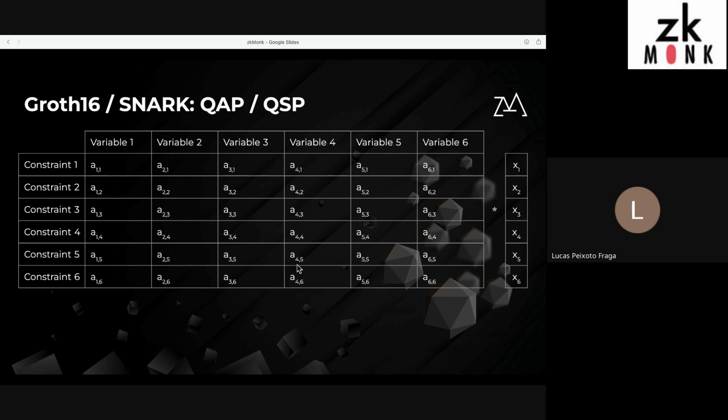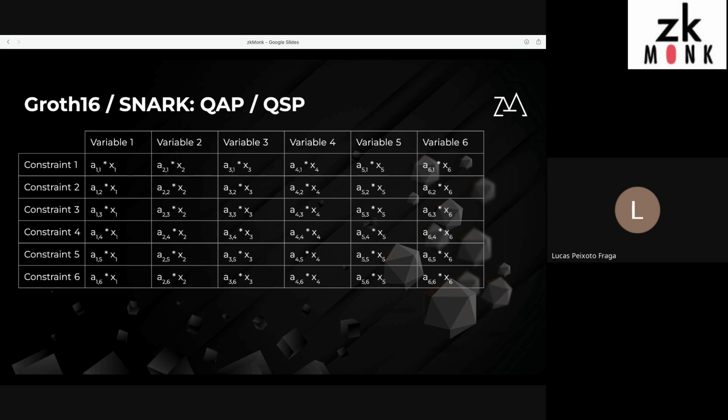So when we are multiplying this matrix by this vector, basically we are doing this. Okay, so this is Math 101, multiplying matrices and vectors. We can see that each column will be multiplied by the same value.